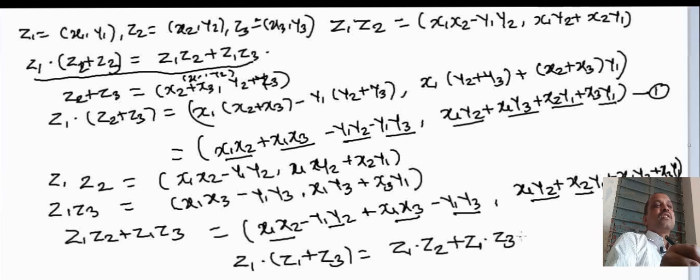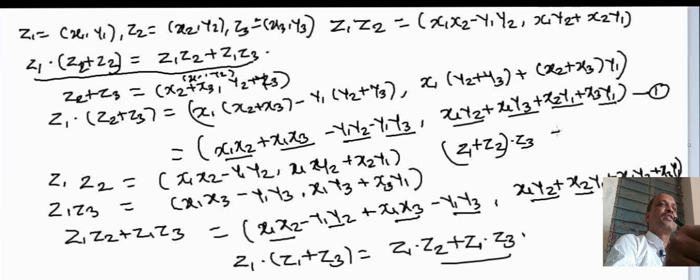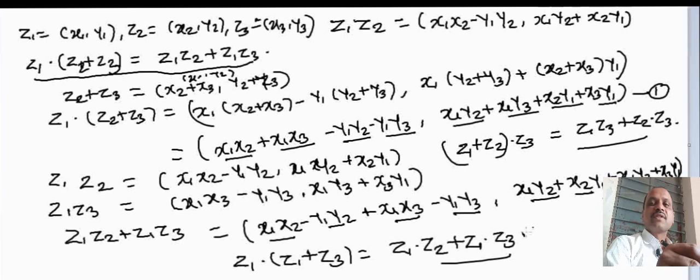So, this is the distributive law, the left distributive law. Similarly, we can prove the right distributive law. What is the right distributive law? (z1 plus z2) into z3 equals z1 into z3 plus z2 into z3. This is the right distributive law, and similarly we can prove it.